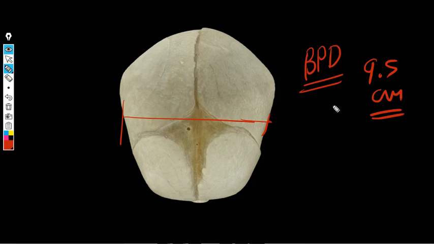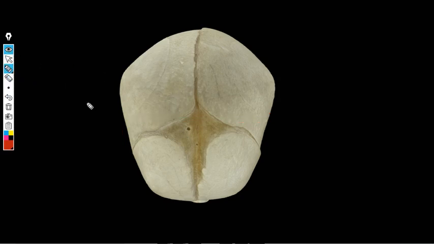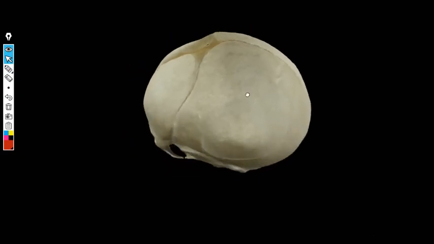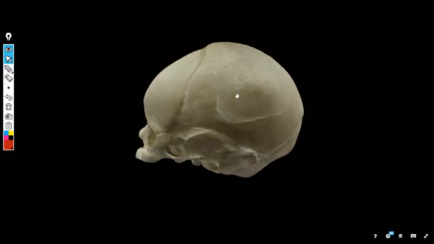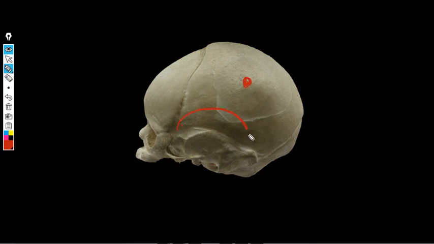Again, if you see the bitemporal diameter, it is 1.5 centimeter smaller. If you want to see this, then you have to see it bilaterally. Let's do it. This is, my friends, the parietal bone. You know this thing, no? This is the parietal bone. This is the temporal bone here.